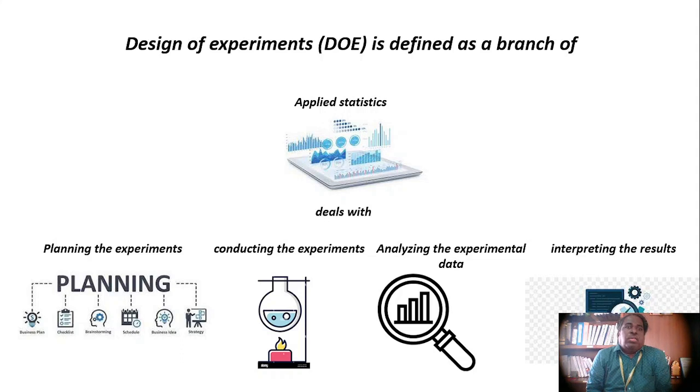So, before discussing the content, what is meant by design of experiments? Design of experiments, also called DOE, is defined as a branch of applied statistics that deals with how we plan the experiment, how we conduct the experiment on the experimental setup, how we analyze the experimental data collected from the measuring instruments, and how we interpret the experimental results.